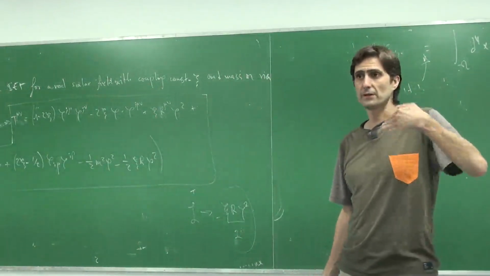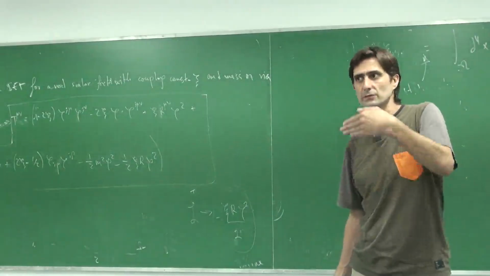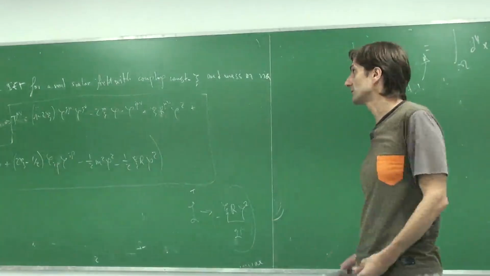That just comes from the fact that you've taken the derivative. You can't set xi to 0 and then take the derivative. You have to take the derivative and afterwards set R to 0.